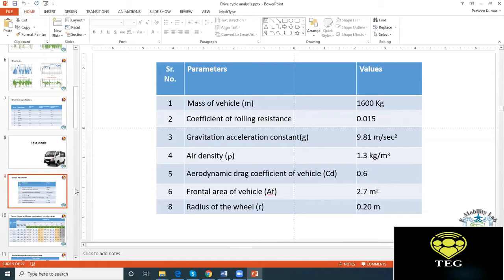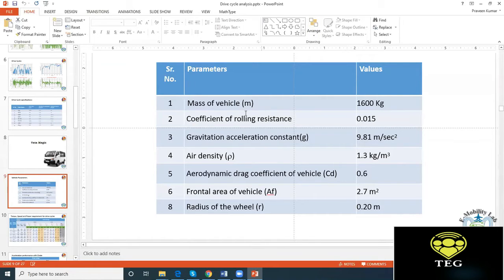So Tata Magic is the vehicle, the parameters are given here, and all the mathematical equations for dynamic motion were given in module 2 and also in module 3, if my memory serves right. And the drive cycles are given here, which we discussed in the previous webinar.